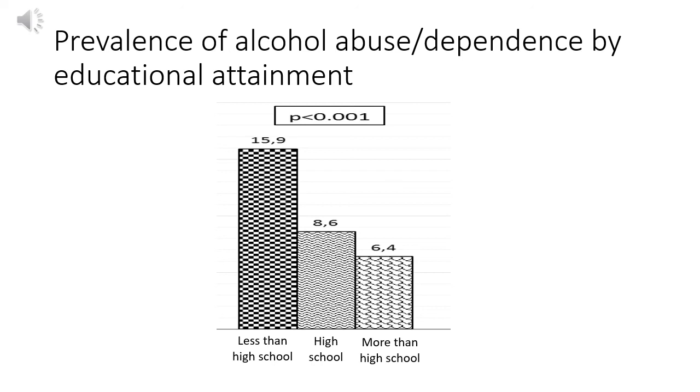There is a clear association between lower education and higher prevalence of alcohol use disorders. However, because all measurements were taken at the same time and only once, we cannot know what was first, whether low education led to alcohol use disorders, or whether alcohol use disorders are barriers to educational attainment.